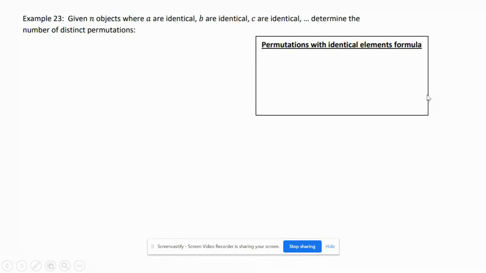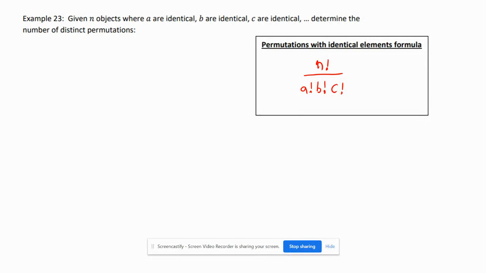So, for example 23, given n objects where A are identical, B are identical, C are identical, determine the number of distinct permutations. Well, the answer to that question is this. If I have n factorial over A factorial, B factorial, C factorial.